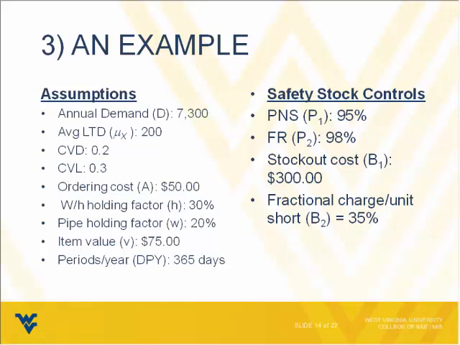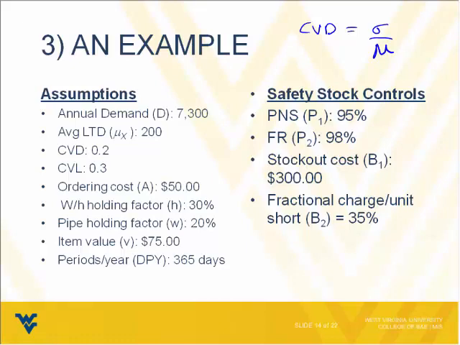So we have annual demand of so much. We have an average lead time demand of so much. We're familiar with what the CVD and CVL are, right? They are the coefficient of variation of demand and the coefficient of variation of lead time. The CVD for anything is equal to sigma over mu. So we can calculate the CVD as the ratio of the standard deviation over the average.